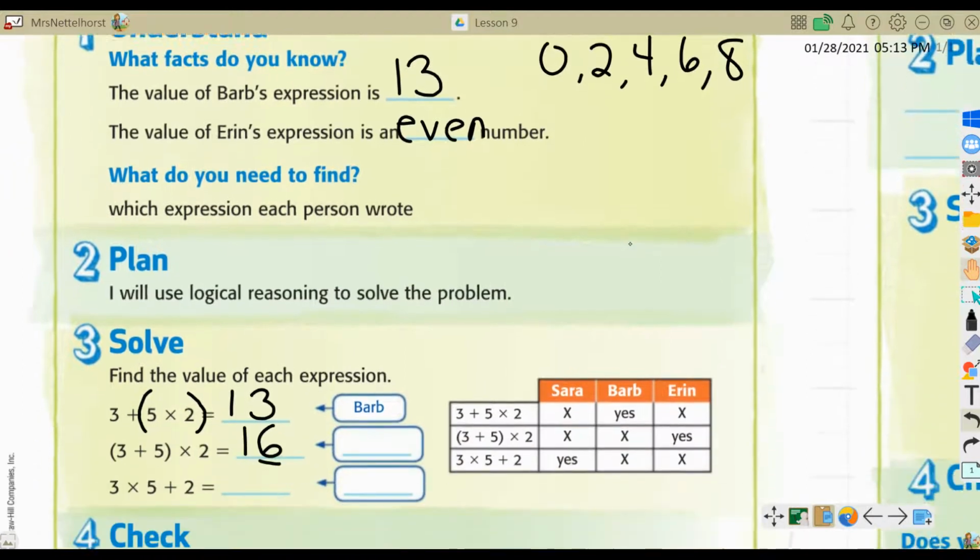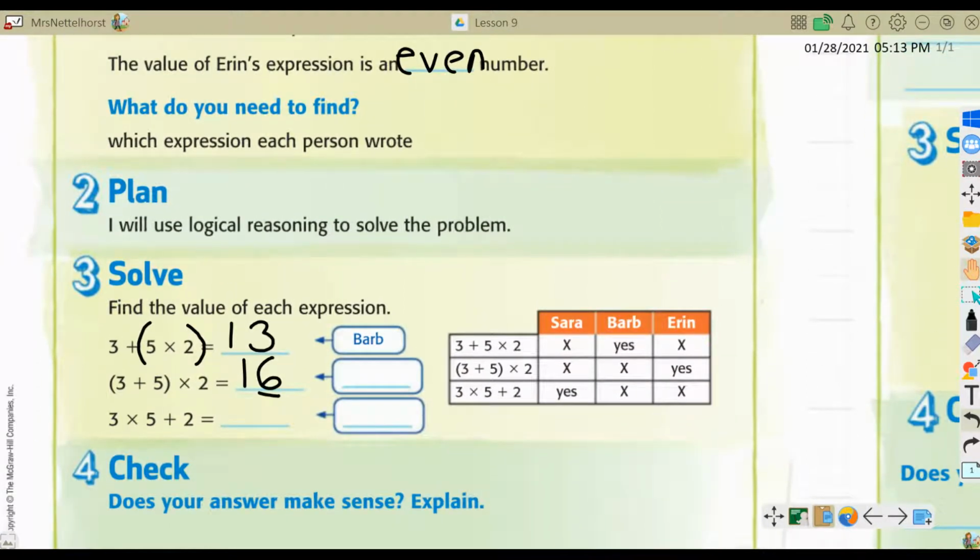That is Aaron, so that must be Aaron's. So this last one, I'm going to put parentheses around the multiplication. 3 times 5 is 15, plus 2 more is 17. So that must belong to Sarah.